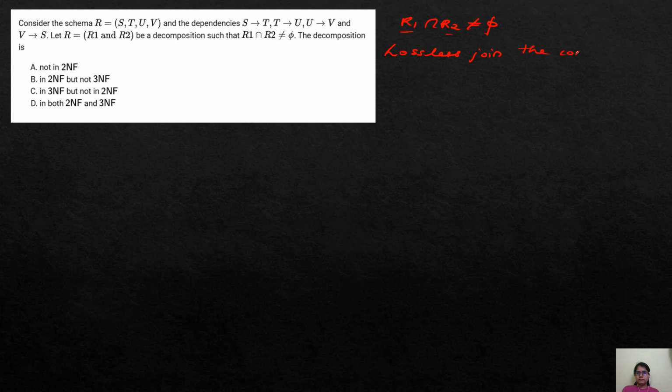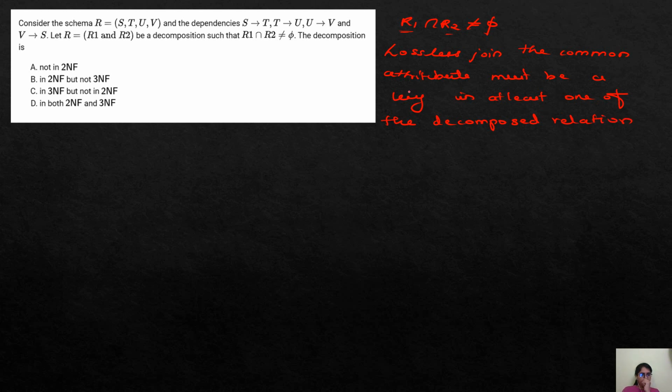The common attribute must be a key in at least one of the decomposed relations. So this is lossless join.